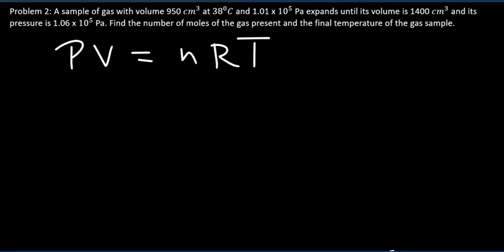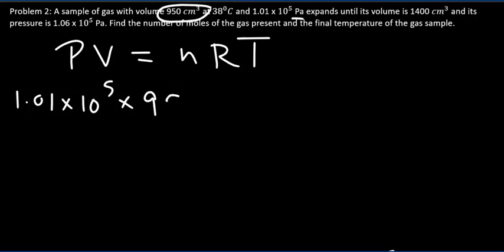Now we can use the first set. The pressure is 1.01 times 10 to the power 5 Pascal, right there. The volume now is 950. Now you have to change that into cubic meter. So that's going to be 950 times 10 to the power minus 6 because we are interested in the moles.